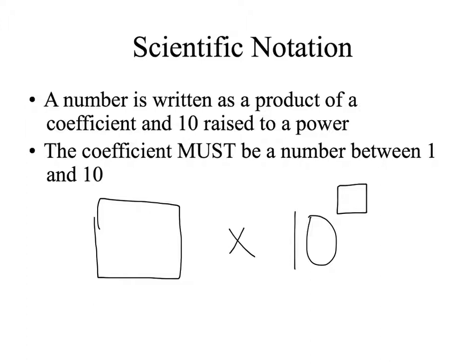So the coefficient has to be a number between 1 and 10. So this number right here in the front has to be between 1 and 10. It cannot be smaller than 1, so it can't be negative, and it cannot be a number larger than 10. And really, you don't even want it to be 10. So it should be like 9.99999 at the biggest.